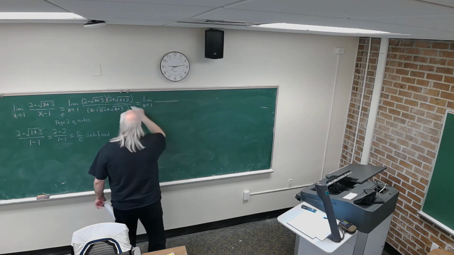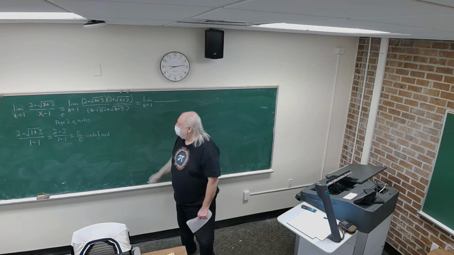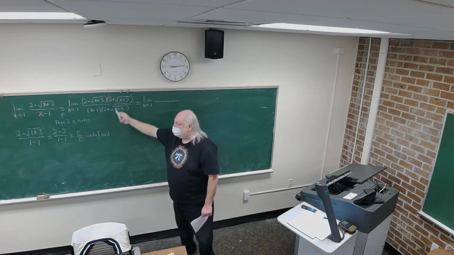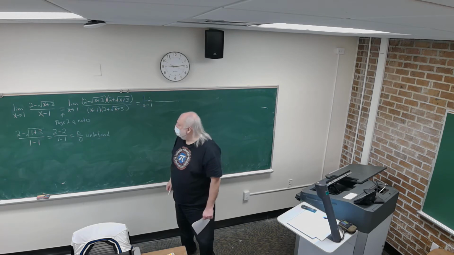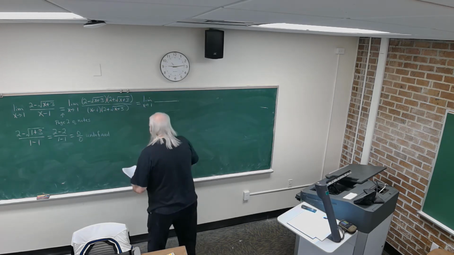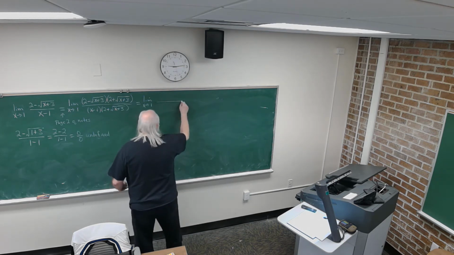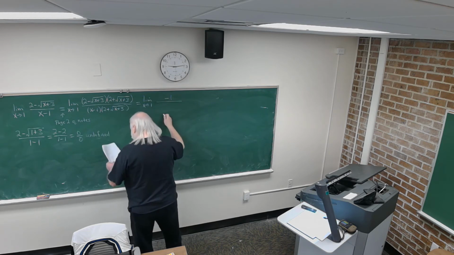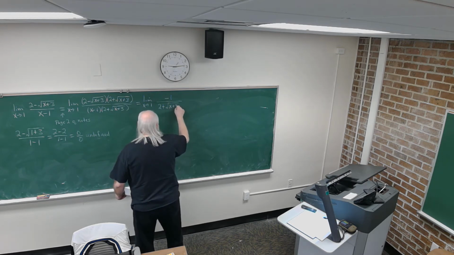But when we FOIL the numerator, this is the difference of squares. And when we did all this simplification, we ended up with minus 1 over 2 plus the square root of x plus 3.